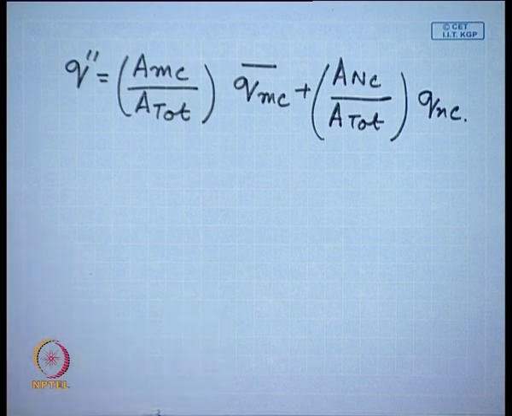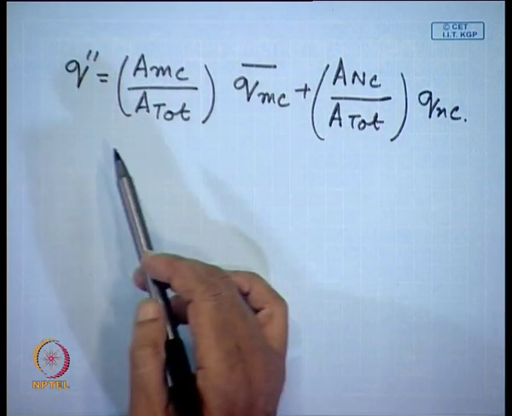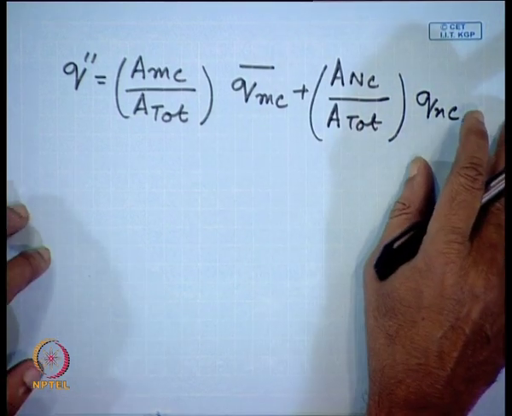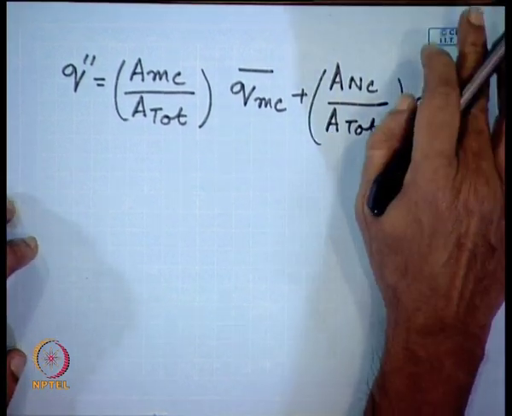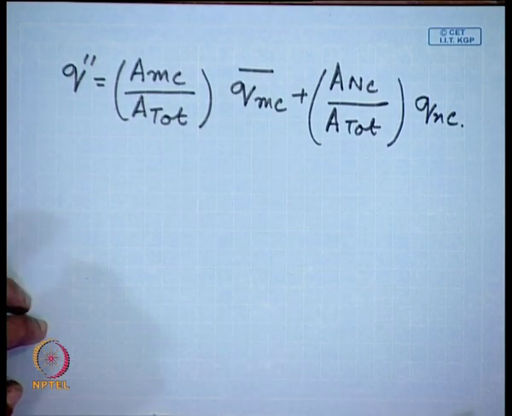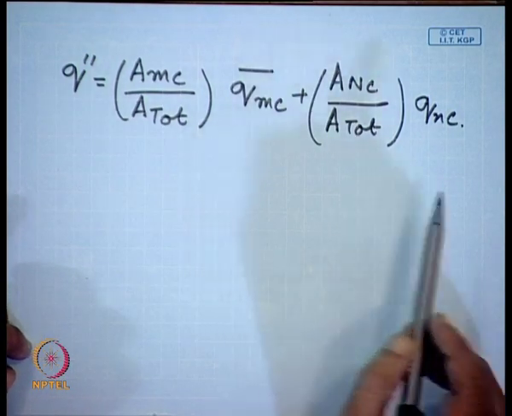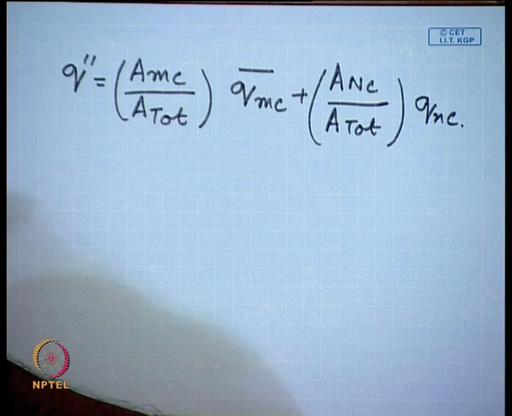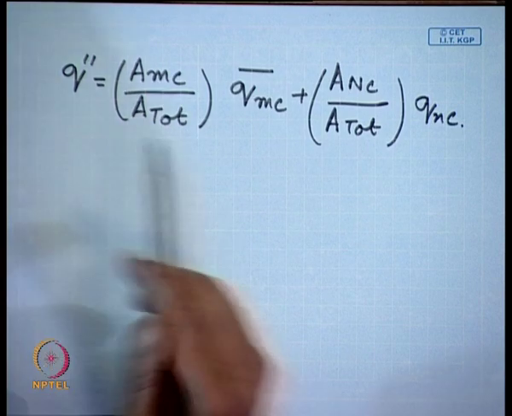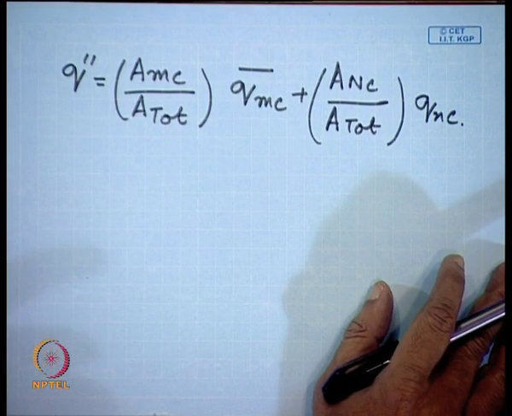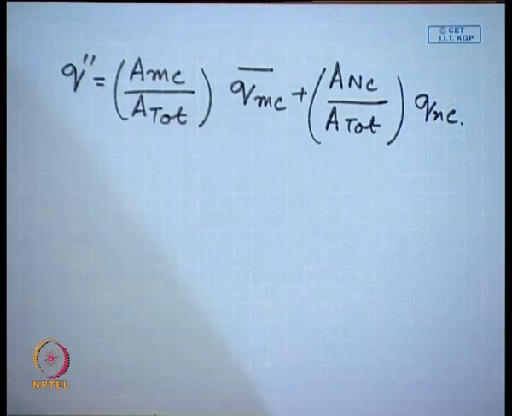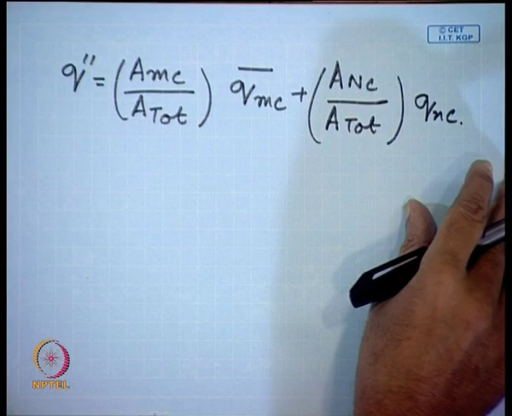Okay. So, this of course is not a typical model, but it gives a corrective measure. Suppose we want to do the boiling heat transfer prediction, it gives some sort of a corrective measure. As I have told, there are many models of boiling heat transfer.